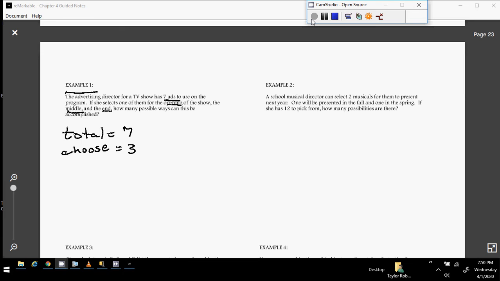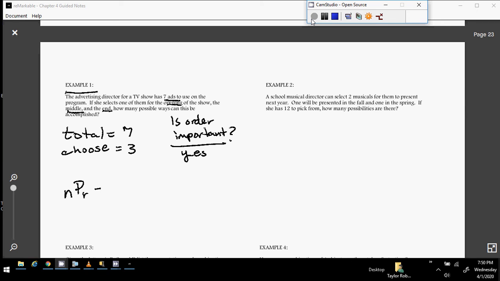Then you ask yourself, is order important? Does it mention any words that would make it seem like order is important? Well, it says beginning, middle, end. Those are order words. So, yes, order is important, which means if order is important, then you need to do a permutation.